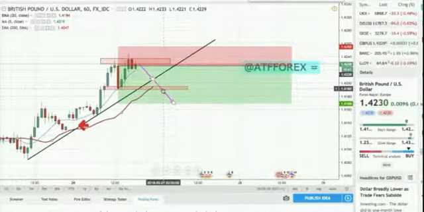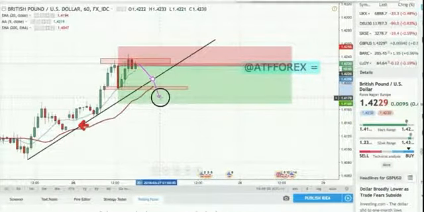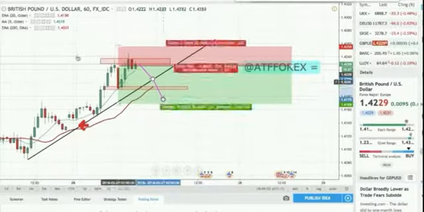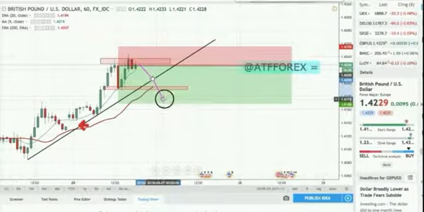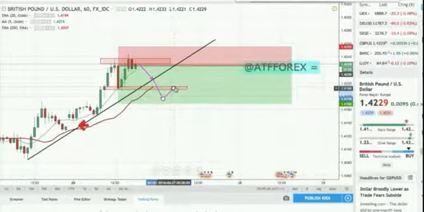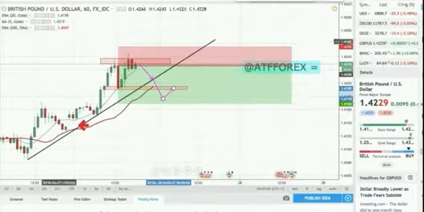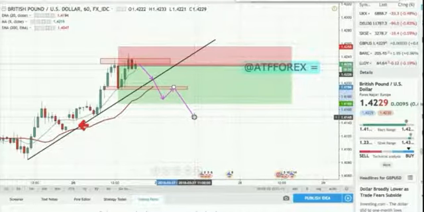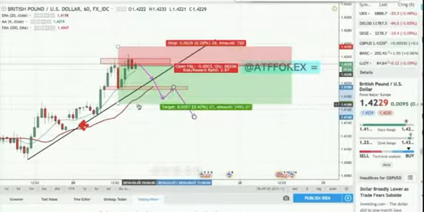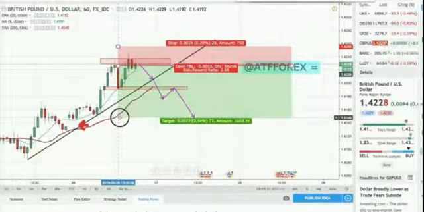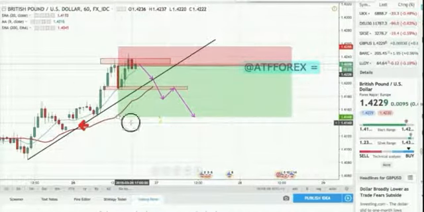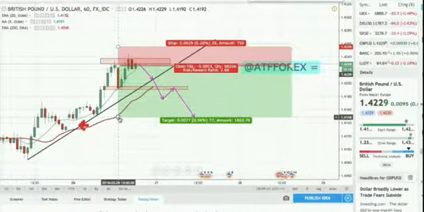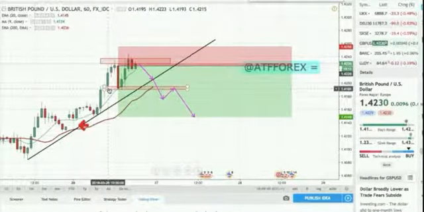What I'm potentially looking at doing is, if we close underneath that EMA, we'll wait for a retest of that new level of resistance, and then I'll take a second entry to target our next move, which is ultimately 1.4150. I'll extend our take profit target all the way down to that level and move our stop loss to this level here.